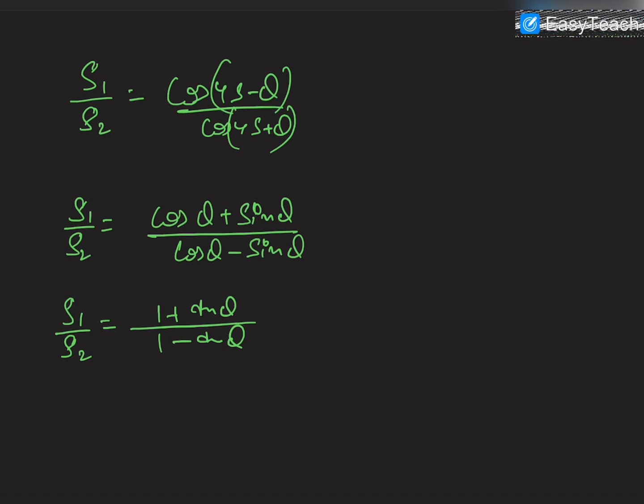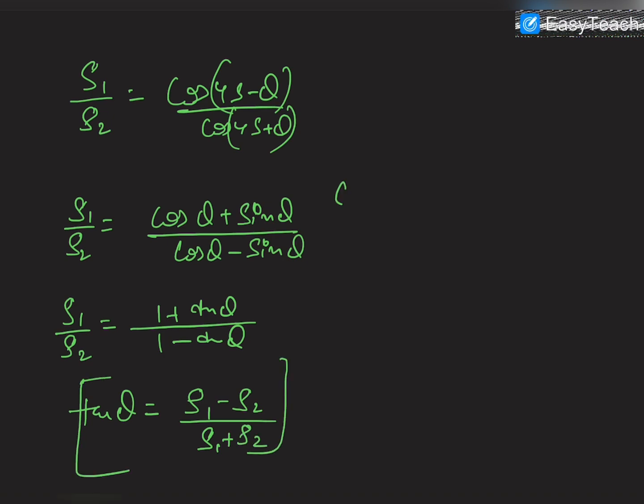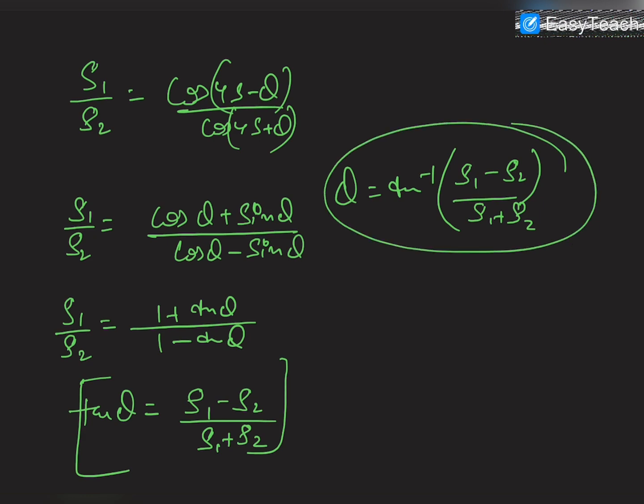By solving it, you can see that tan theta will be equal to rho1 minus rho2 divided by rho1 plus rho2, and theta will be equal to tan inverse of (rho1 minus rho2) upon (rho1 plus rho2). This will be the correct answer. Now let us move on to the next question.